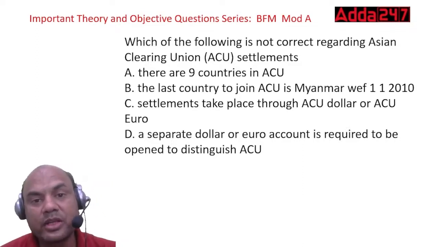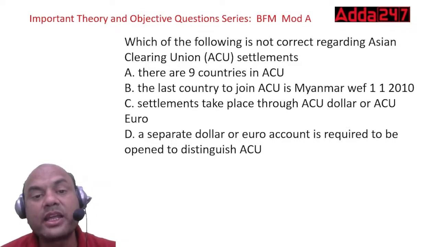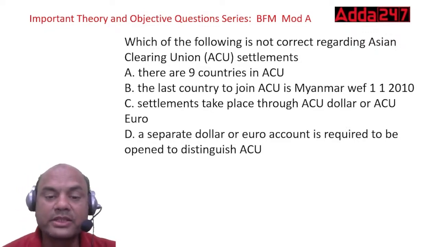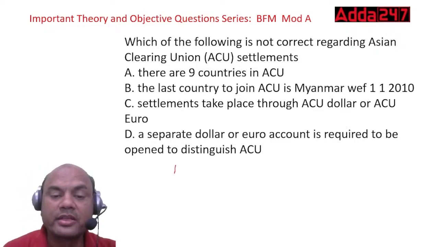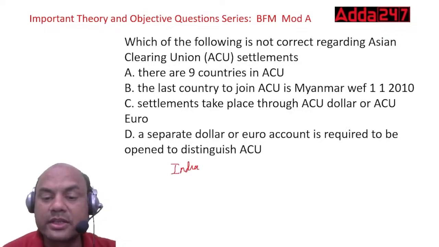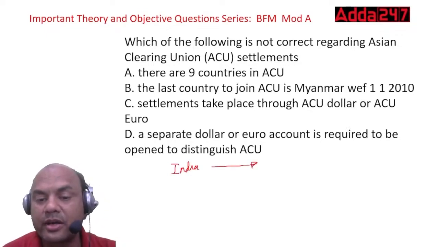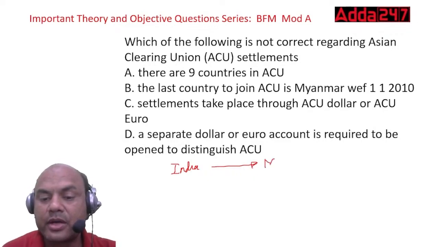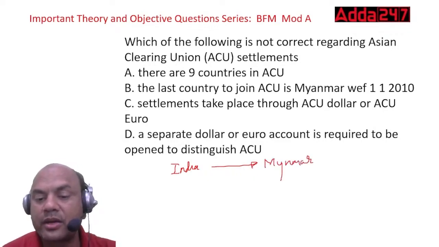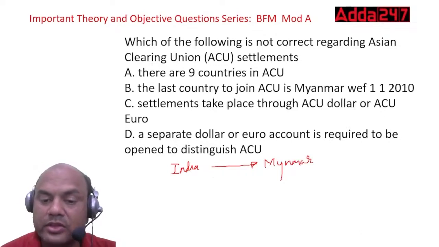It is the same dollar, but it is done as a netting effect. Means, for example, if India sells to, let's say, Myanmar, and Myanmar also sells something to India.